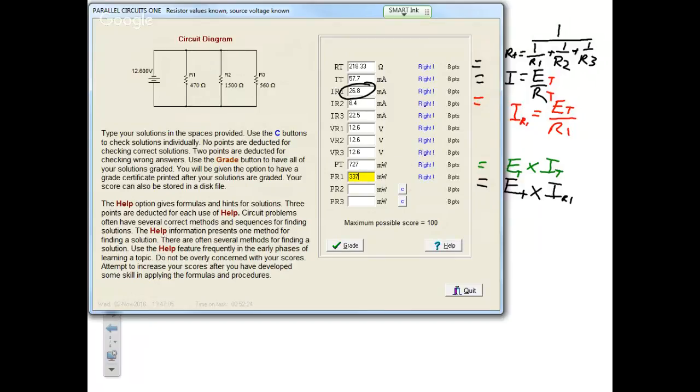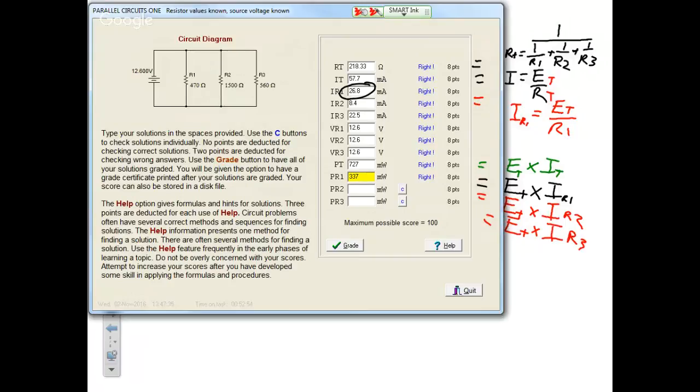So what's PR2 and PR3? All we have to do for the next ones is substitute: ET times IR2, ET times IR3.